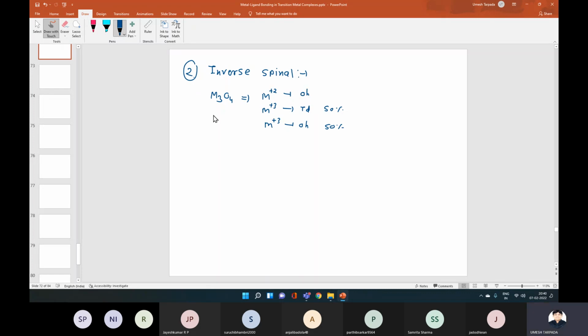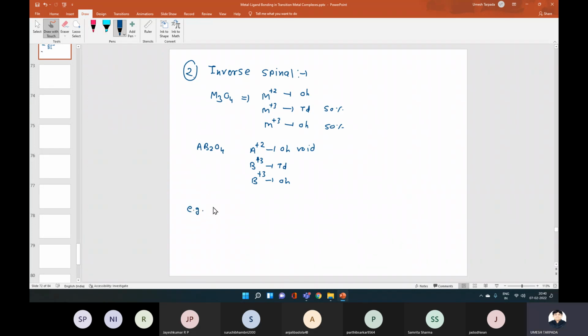So this we call inverse spinel. Or you can have an AB2O4 type structure, so A+2 is there in an octahedral void, and one B+3 is in a tetrahedral void, and the other B+3 is in an octahedral void. So this you can call inverse spinel.